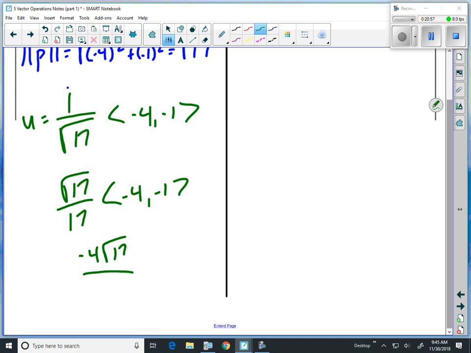You just let them hang out right next to each other. And then your denominator stays the same, radical 17. So if we multiply it to the -1, you'd have -1 radical 17 over 17. Are you with me?